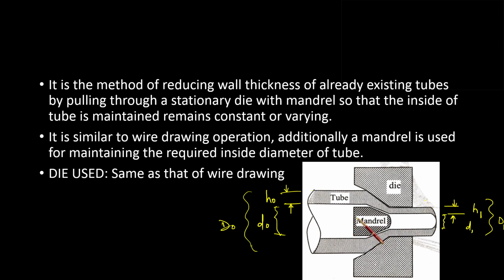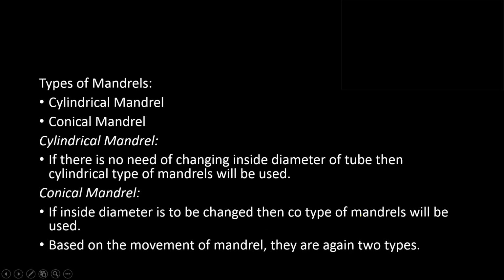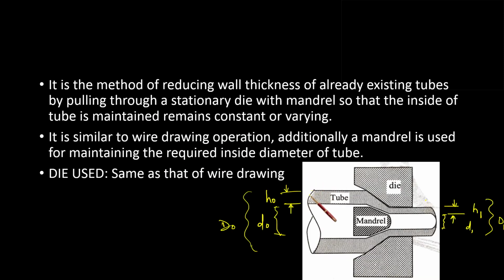This mandrel is of two types: one is the cylindrical mandrel and one is the conical mandrel. When is the cylindrical mandrel used? It is used when the internal diameter is not required to be changed.